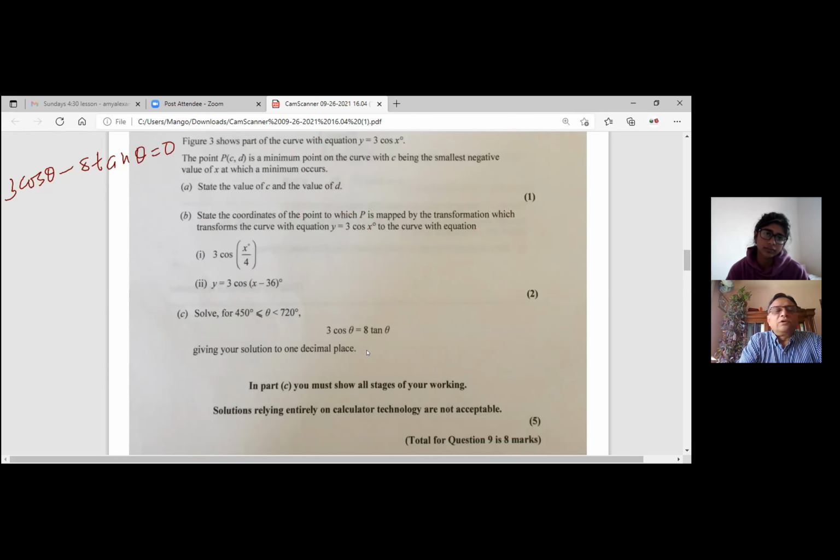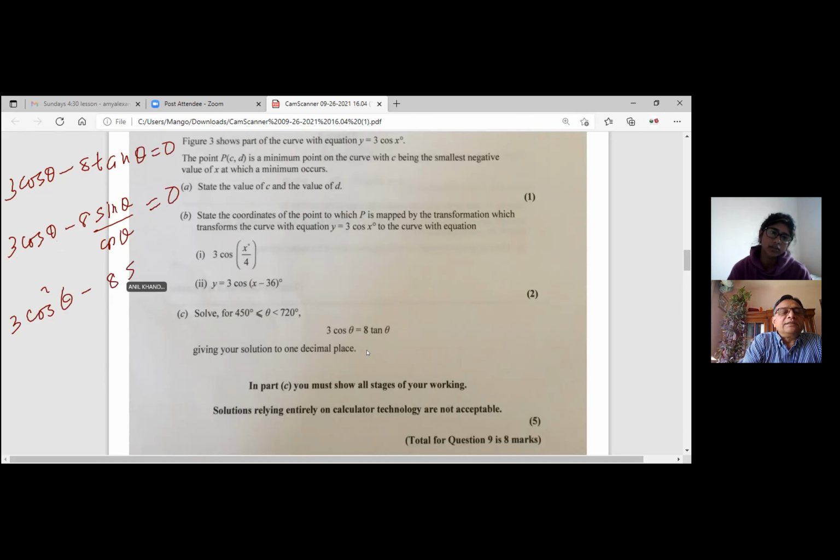Tan theta is sine over cos. It's better to write them in sine and cosine, correct? So 3 cos theta minus 8 sine theta over cos theta equals 0, correct? Now we can take cos theta as a common denominator. We'll multiply everything by cos theta, so we get 3 cos square theta minus 8 sine theta equals 0, correct?